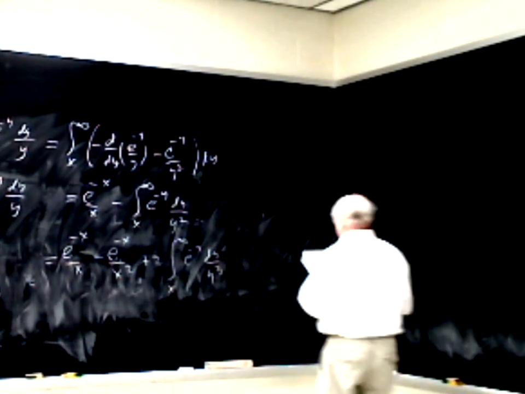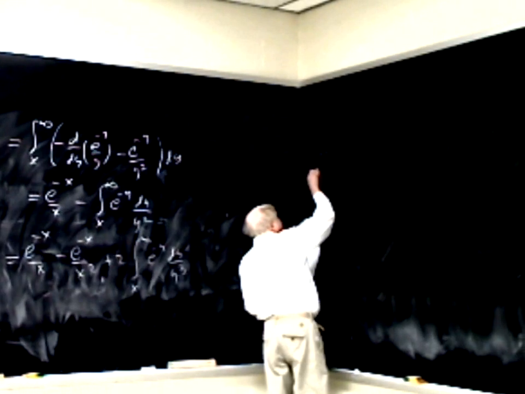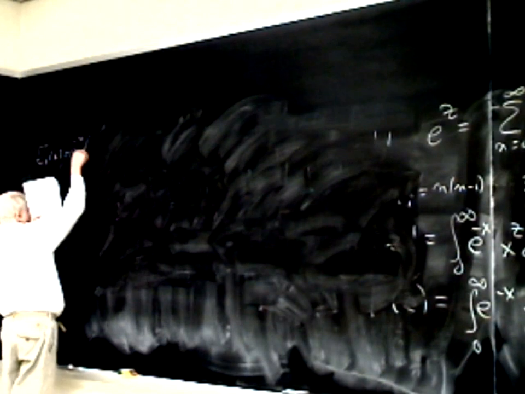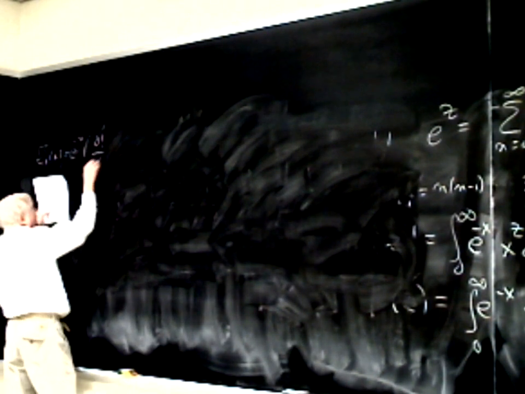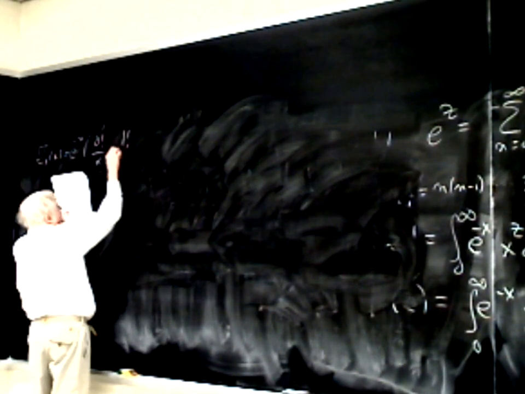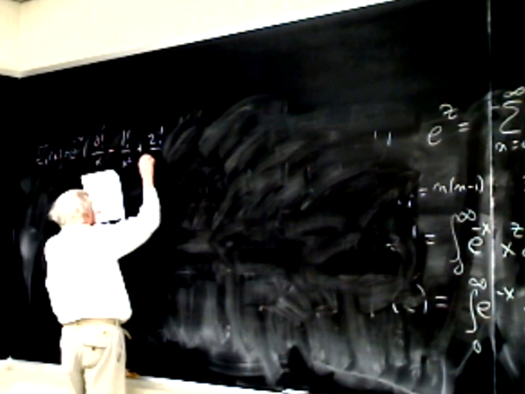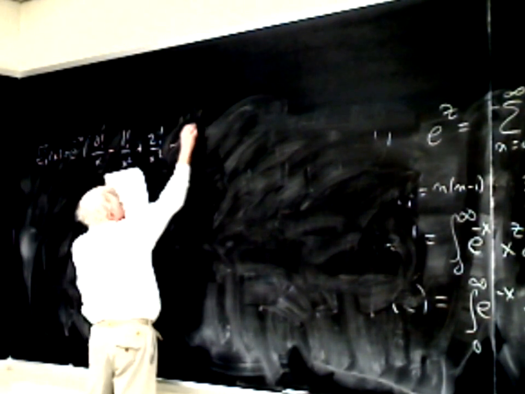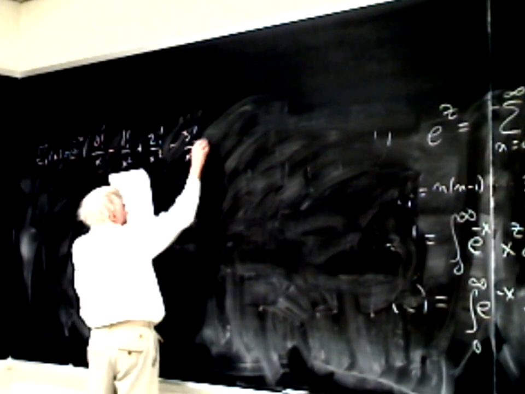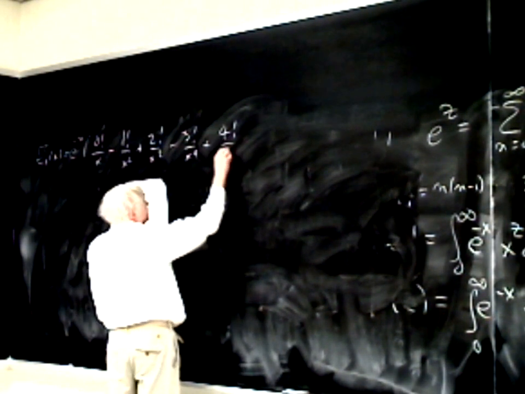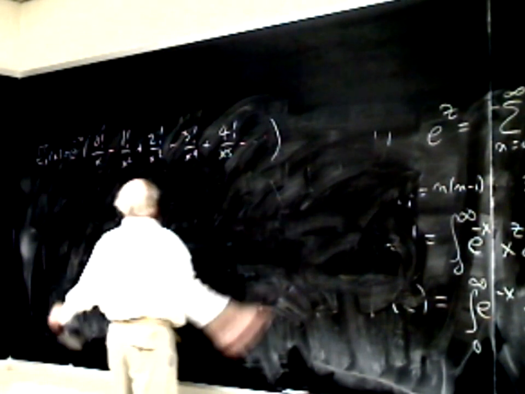What you get then is E1 of x equals e to the minus x times 0 factorial over x minus 1 factorial over x squared plus 2 factorial over x cubed minus 3 factorial over x to the 4 plus 4 factorial over x to the 5th, and so forth.